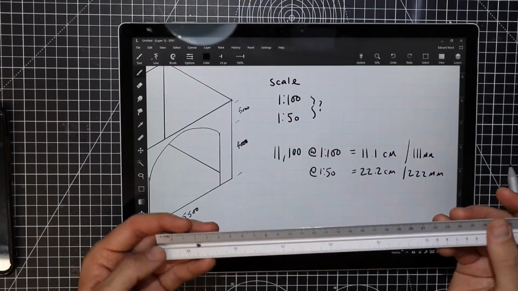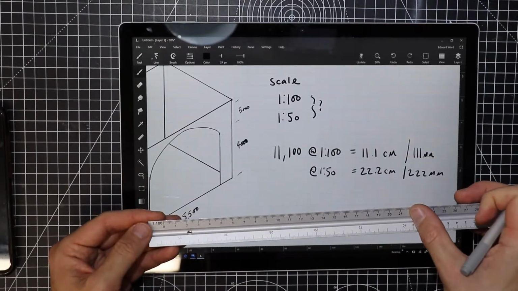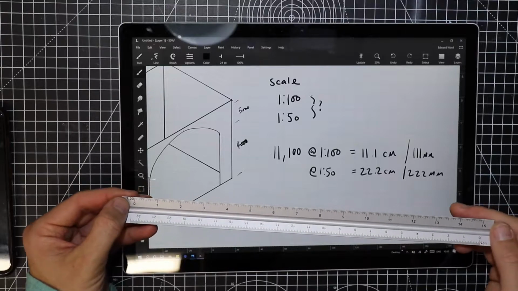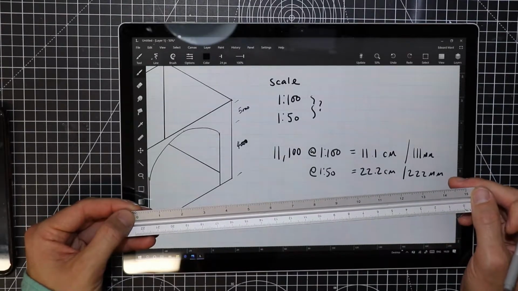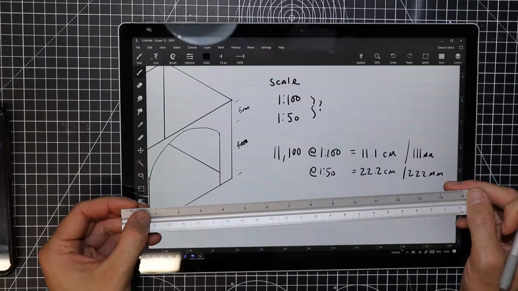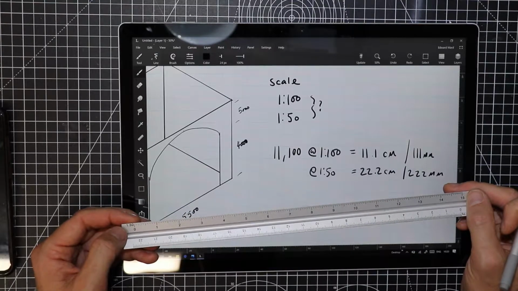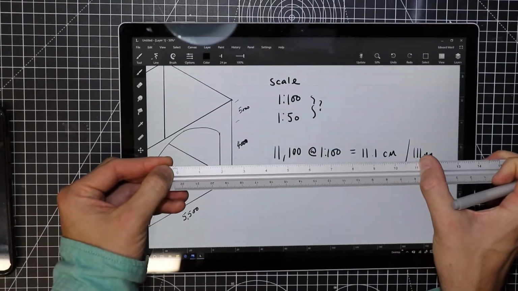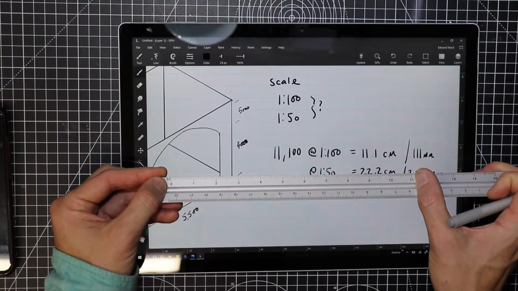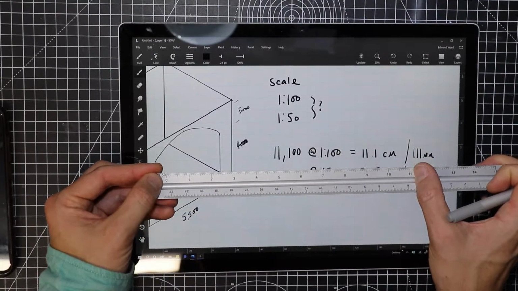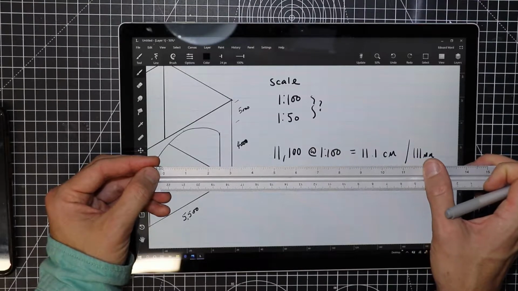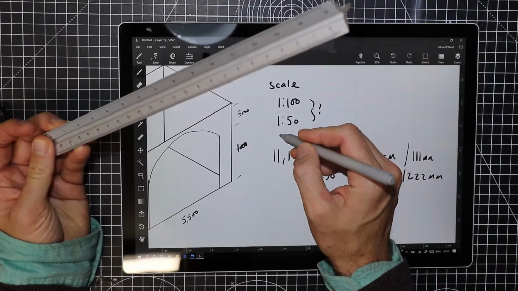So if our longest width is 22, yeah, I've got double the length, 11 metres, that's how long our wall will be. I wonder if we could go to 1 to 25.